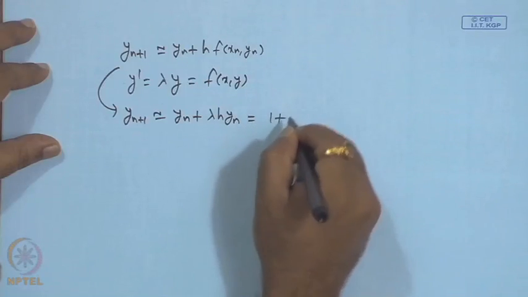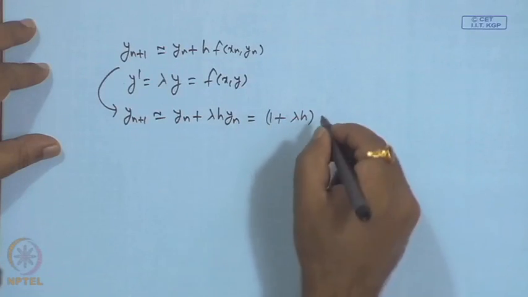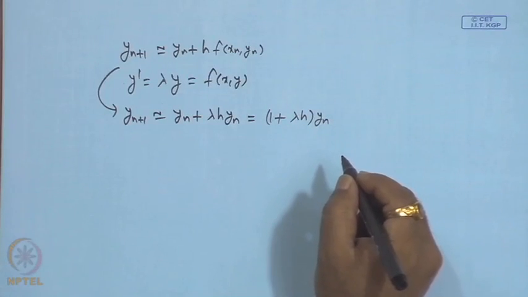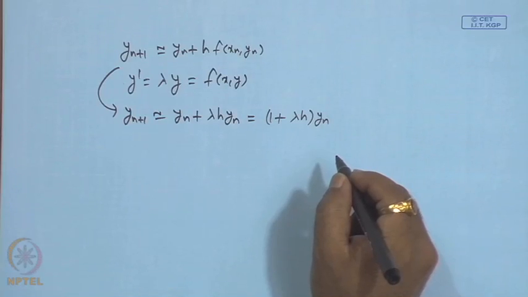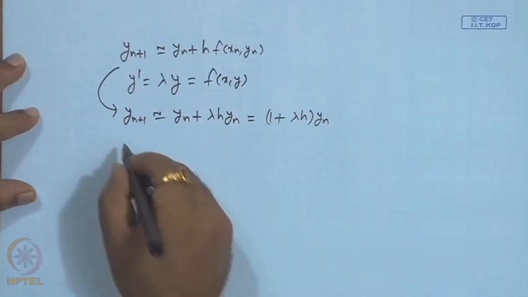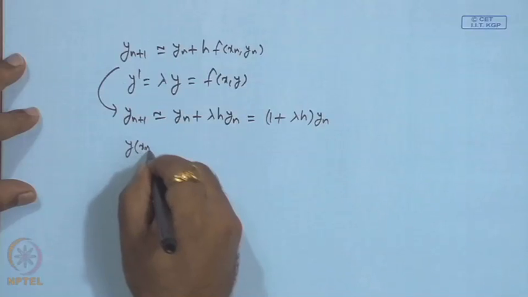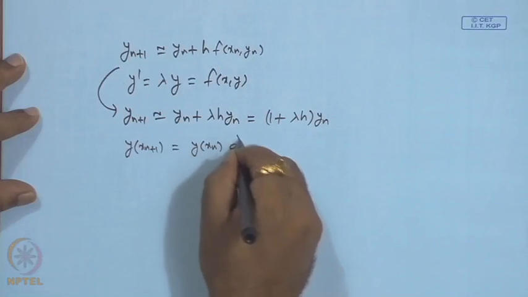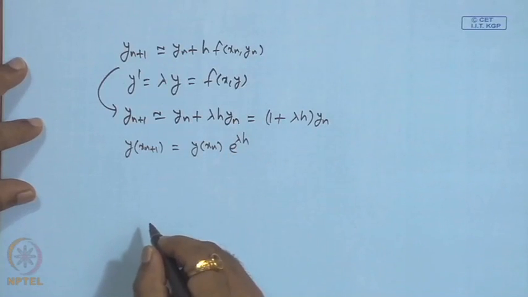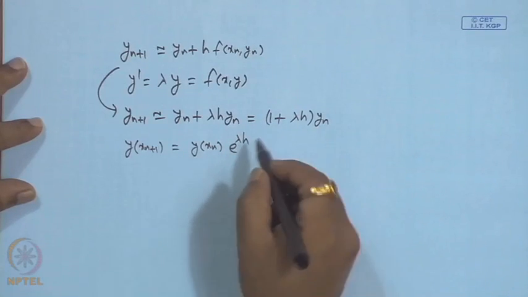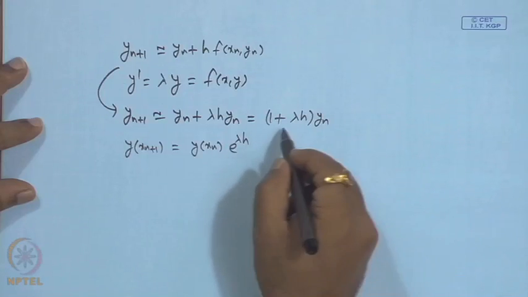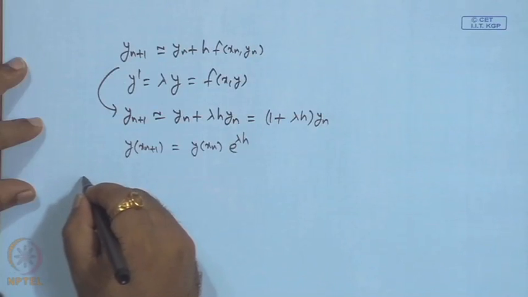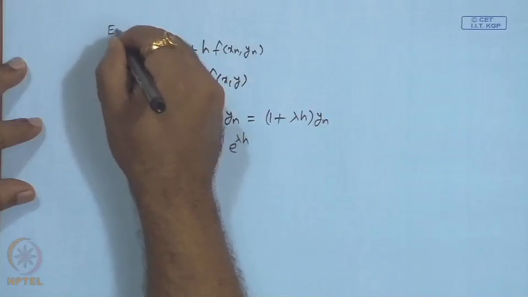So, this is 1 plus lambda h times y n. Okay. And what was our approximation? y of x n plus 1 is y of x n times e power lambda h. So, y n plus 1 is approximating this, that means e power lambda h, 1 plus lambda h is approximating this. So, therefore, this is Euler.